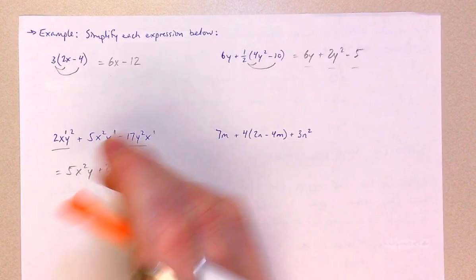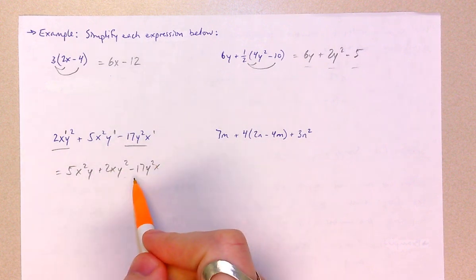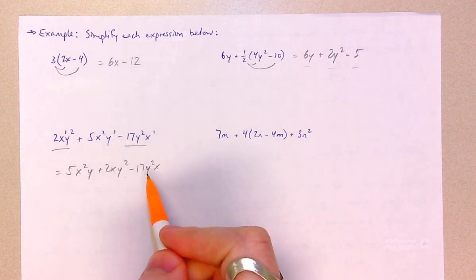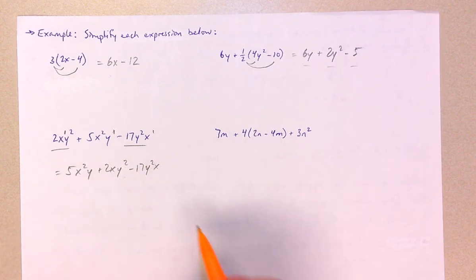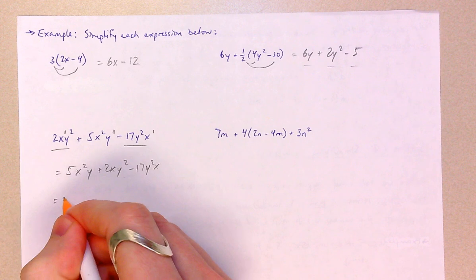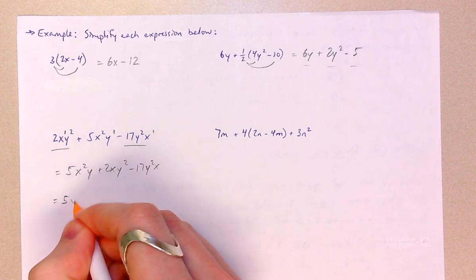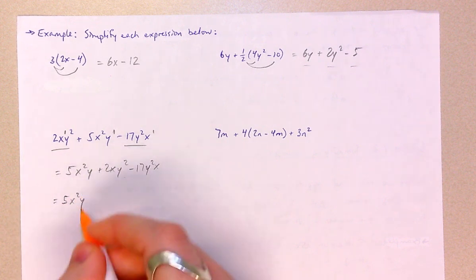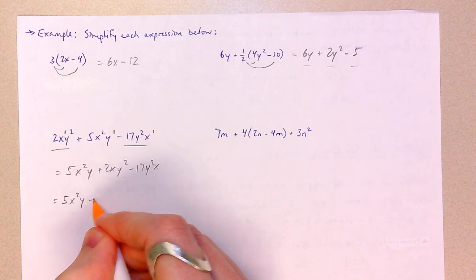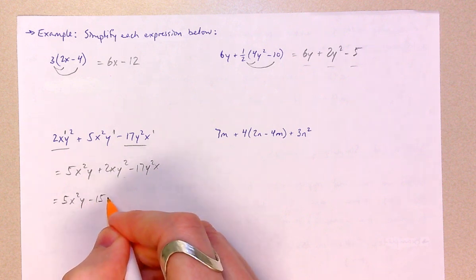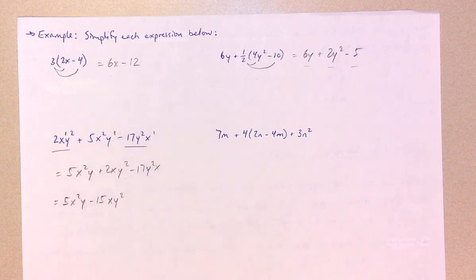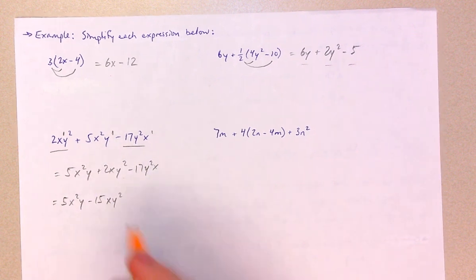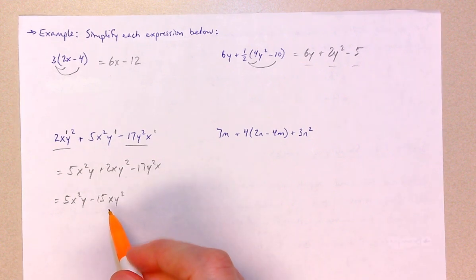So here I have 2 of these things, and I'm subtracting 17 of those things. So what is 2 minus 17? Well, that's negative 15. So that gives me 5 times x squared times y minus 15 times x times y squared. Or you could write 15 times y squared times x. Doesn't matter, means the same thing.